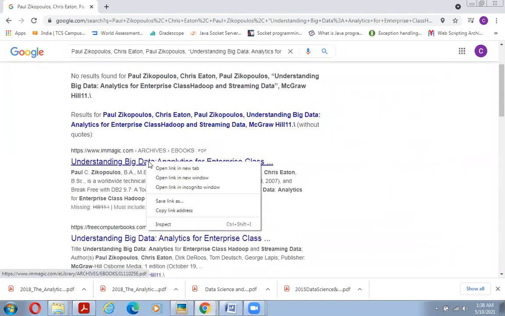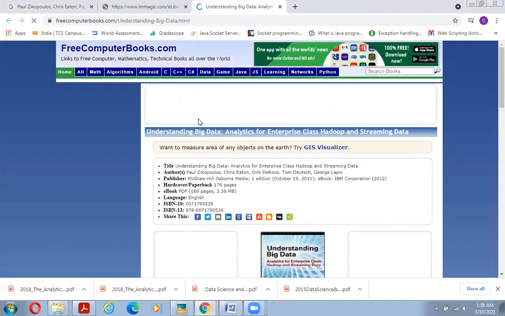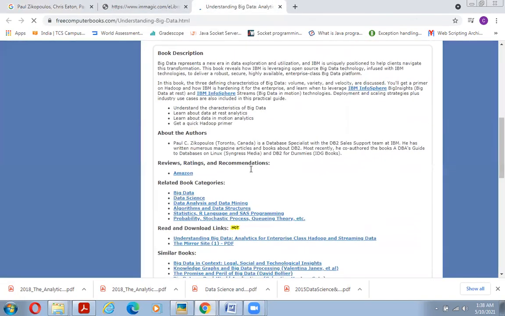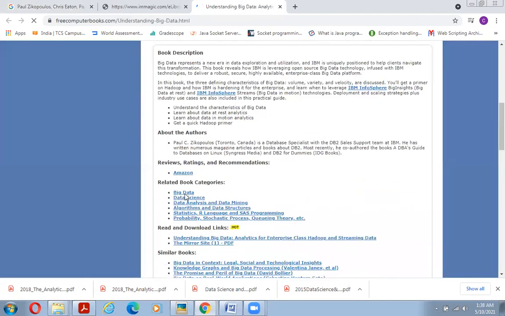Again, we got this book, the free computer books. See, every book is available online. Just need to click this. We got a link of freebooks.com.